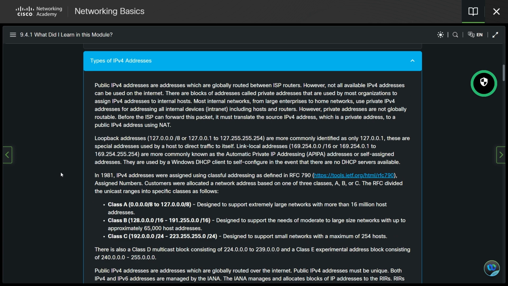Most internal networks, from large enterprise to home networks, use private IPv4 addresses for addressing all internal devices, including hosts and routers. However, private addresses are not globally routable. Before the ISP can forward this packet, it must translate the source IPv4 address, which is a private address, to a public IPv4 address using NAT.